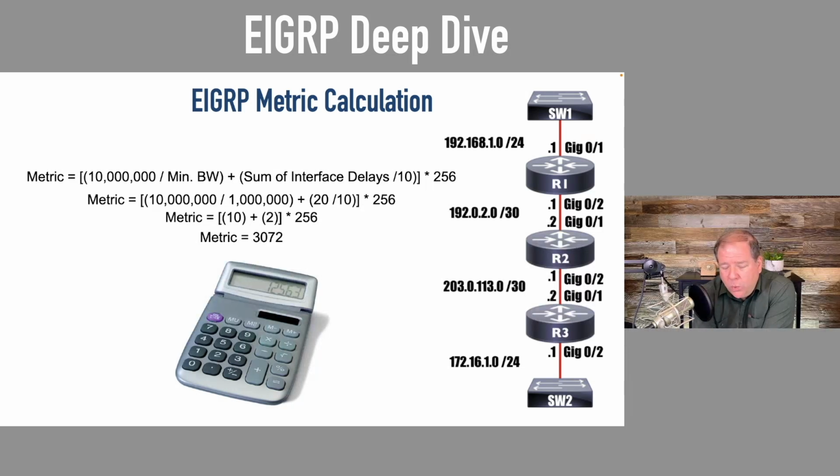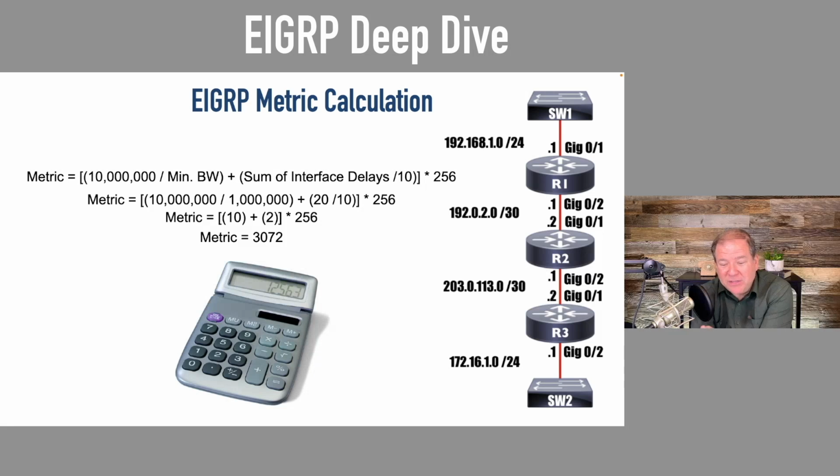So we take 10 to the power of 7, so a 1 followed by 7 zeros, and we divide by a gig. Now, I should have pointed out that the unit of measure here is in kilobits per second. So 1 gigabit per second is 1 million K. So it's 10 million divided by 1 million K.